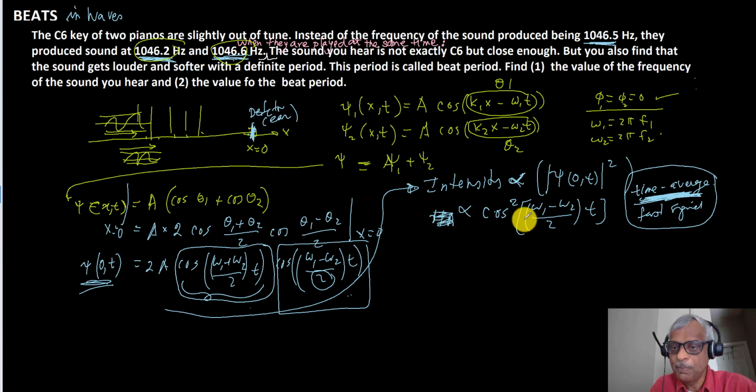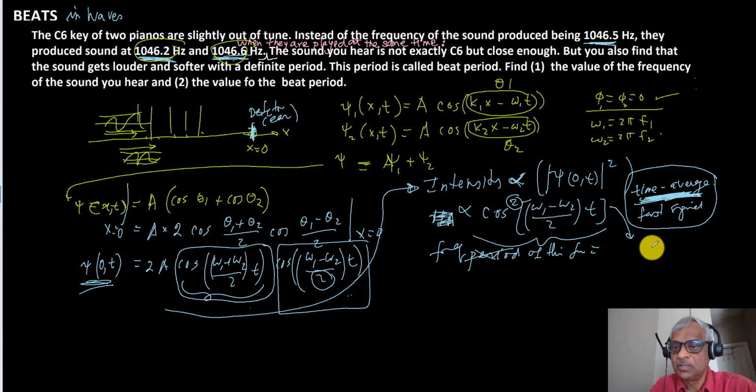So if we look at the period of this thing, this is where the beat comes from. Let's look at the frequency of this function. Because it is cosine squared, you can convert it with the double angle: 1 plus cosine 2 theta over 2.